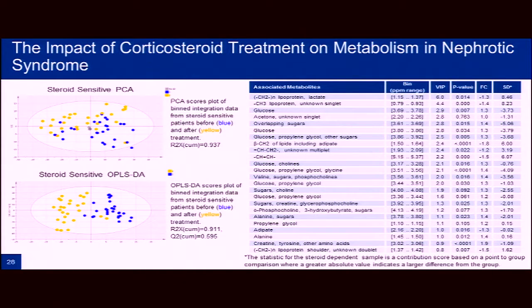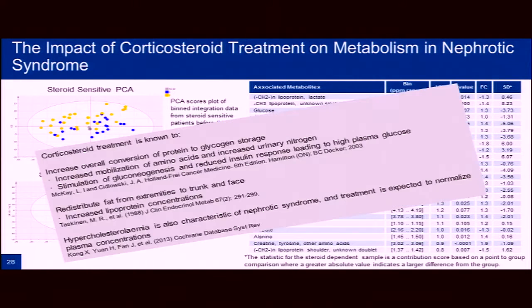And a number of the metabolites that are coming up in this table that I don't expect you to absorb are related to known effects of corticosteroid treatment. So we know that treatment increases overall conversion of protein to glycogen storage, and we expect amino acid turnover to occur during that process.